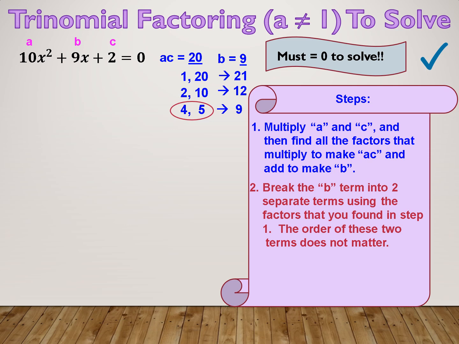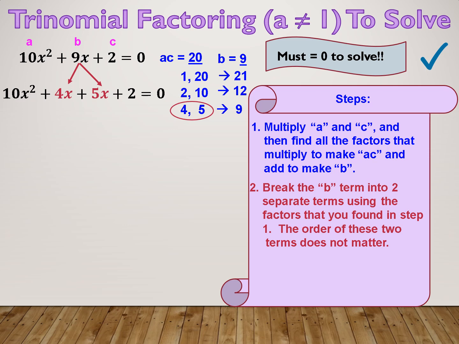Now, I'm going to break that B term into 2 separate terms using the factors that I found from step 1. The order of these 2 terms does not matter. So I'm going to break 9x into 4x plus 5x. It doesn't matter if you do 4x plus 5x or 5x plus 4x, and I'll show you in just a minute why.